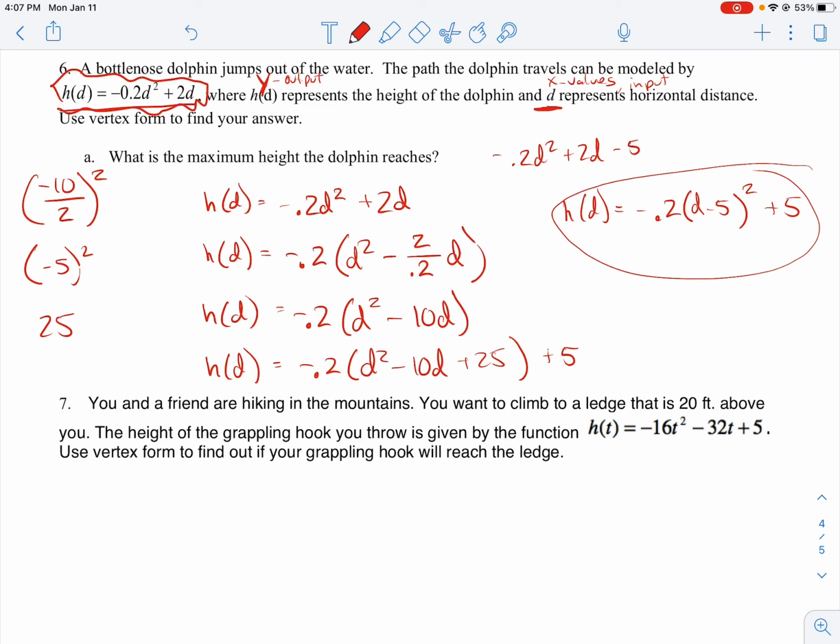And we get this from our vertex. Our vertex here would be 5, 5. And so our answer, the maximum height the dolphin reaches, is going to be 5 units. Okay, because Mr. K forgot to put some units on there. So 5 units. We still have to make sure that we're practicing labeling these answers because they're word problems.